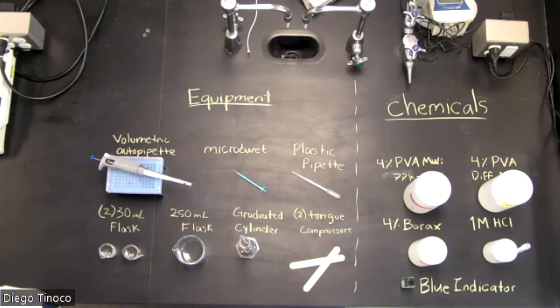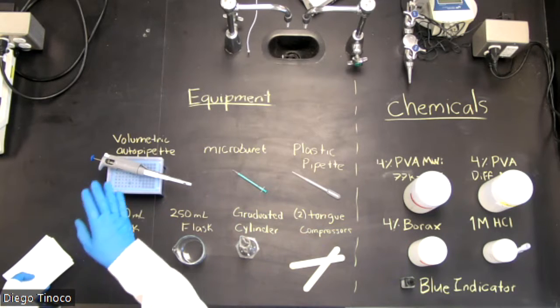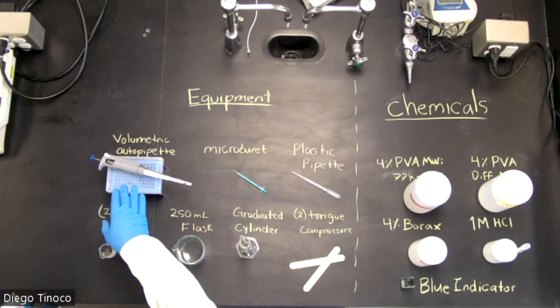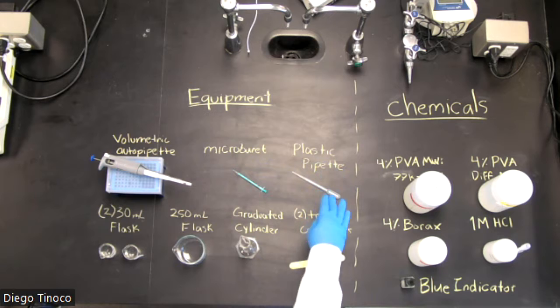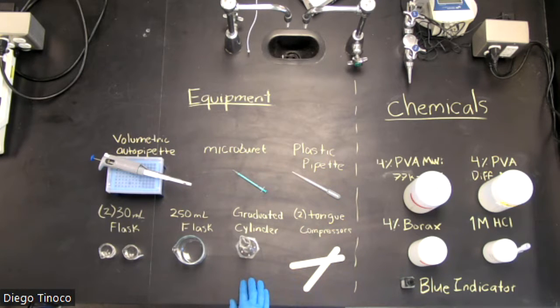For our equipment, we are going to use our volumetric autopipette, a microburette, a plastic pipette, two tongue depressors, one 50 milliliter graduated cylinder, one 250 milliliter flask to do our reaction in, and two 30 milliliter flasks to hold our solutions, one being our HCl and the other one being our PVA solution.